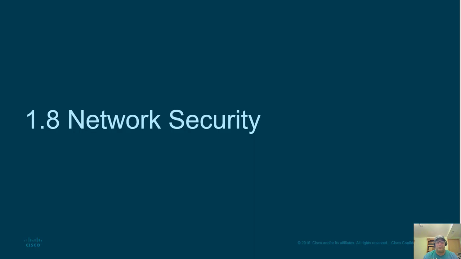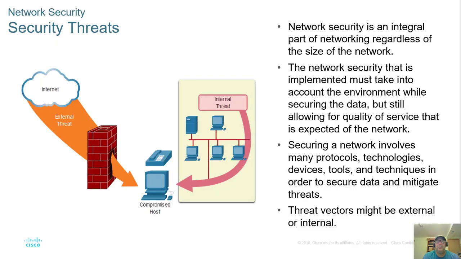1.8 gets into network security, and it just kind of mentions security threats. As far as security threats go, it could be somebody that's trying to knock on the door from the outside. Maybe they're doing IP scans and port scans, looking for services that have insecurities, and they're attacking those from the outside, looking for open ports associated with services that have vulnerabilities.